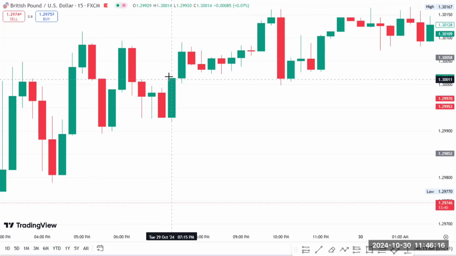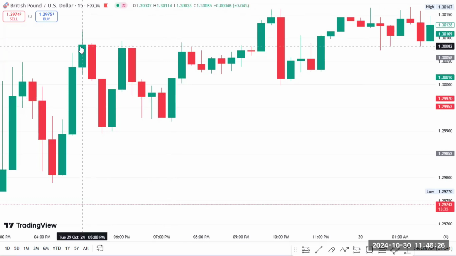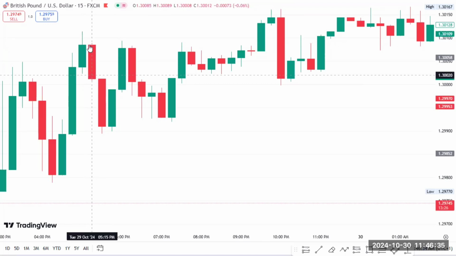So this is a bullish engulfing candle. Okay, so we have the bullish engulfing candle engulfing this previous one, and then we have this other one being engulfed by this red one. So this red is known as a bearish engulfing candle.